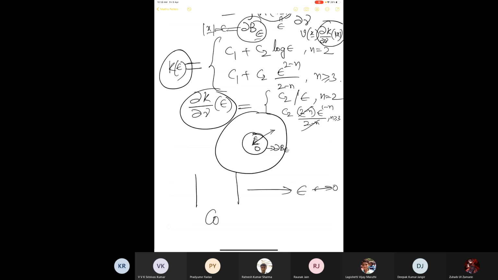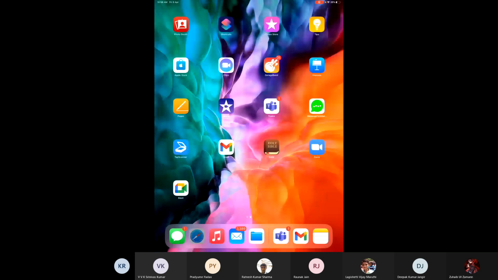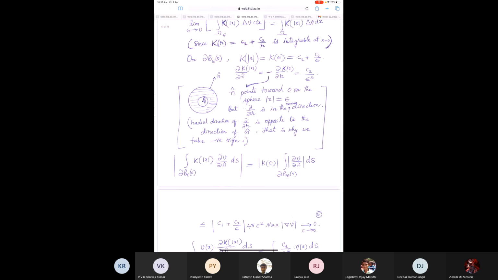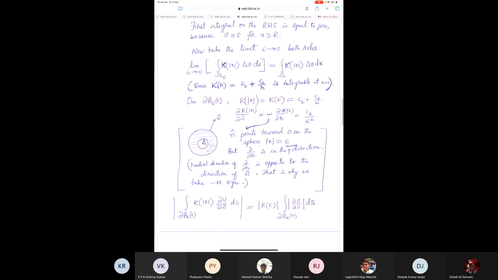We'll complete this part. Here we have computed correctly the C2 upon epsilon, and these will go to 0.